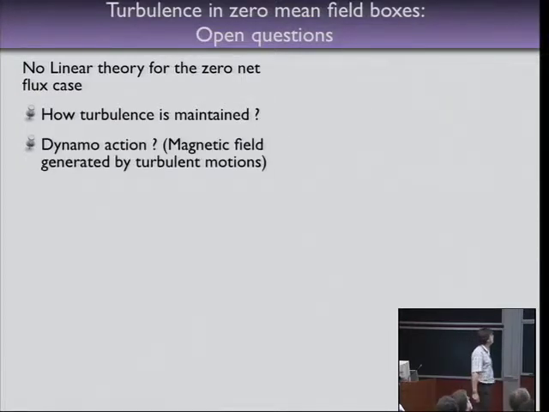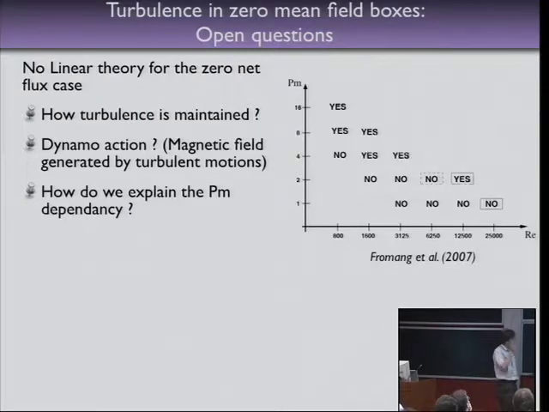As said by Steve earlier, you can think of a dynamo action, which means that you generate the magnetic field by some kind of kinetic field, which is actually due to the magnetorotational instability. There is also an issue with the magnetic Prandtl number, as said earlier. We know that if you have too small a magnetic Prandtl number, you will kill the turbulence in these cases.